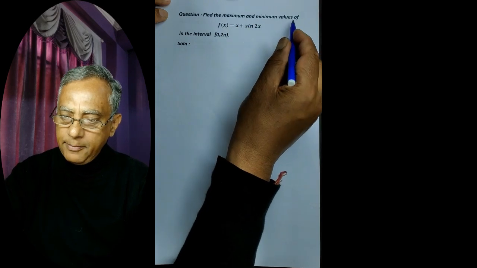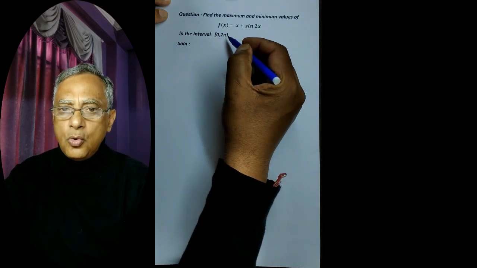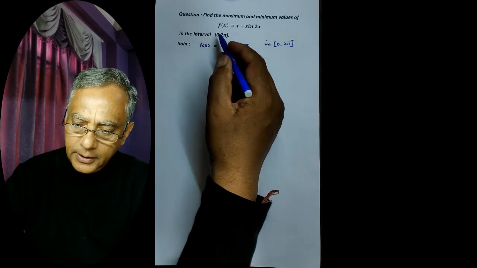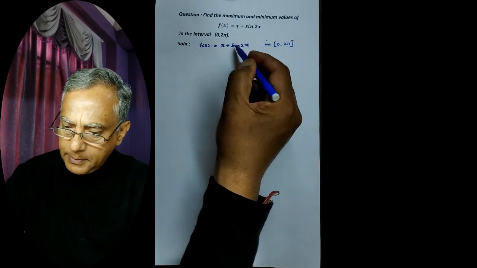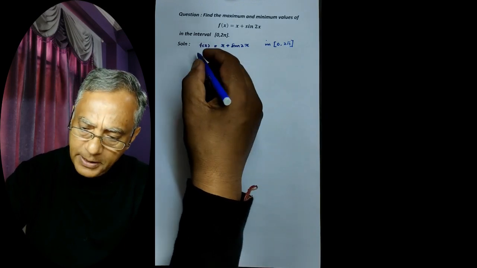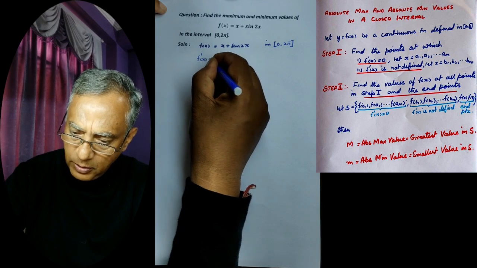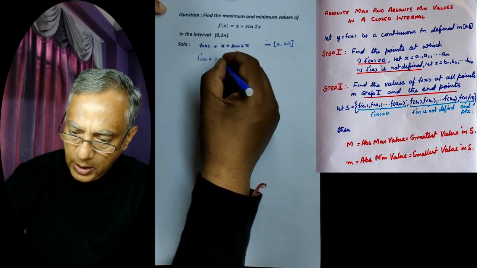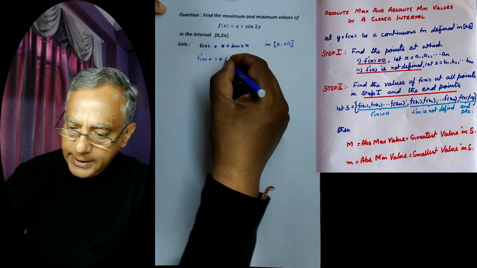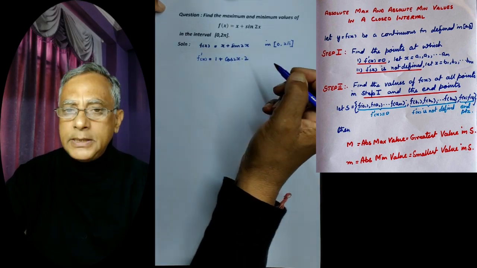Find the maximum and minimum values of this function in the interval 0 to 2 pi. We are given the function f(x) is equal to x plus sine 2x in this interval. Now the first step is we find f dash x. f dash x is equal to the differential of x, which is 1, plus the differential of sine, which is cos 2x, into the differential of the inner function, which is 2.